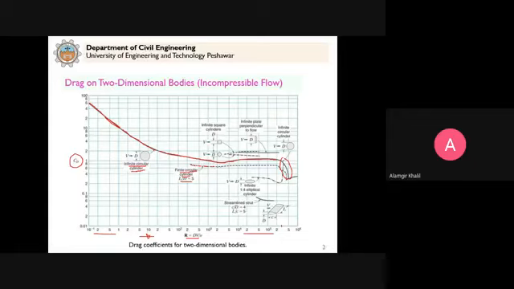The drag coefficient is less compared to a cylinder of infinite length, because the end effects help dissipate the energy, and as a result the drag force is reduced. The smaller the drag coefficient, the smaller the drag force. Similarly, you can observe this for other two-dimensional bodies.